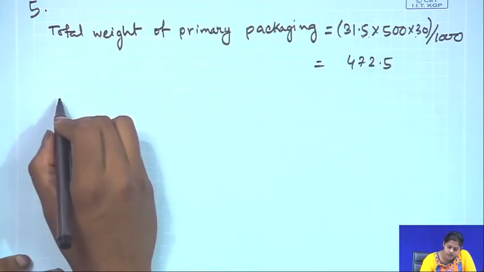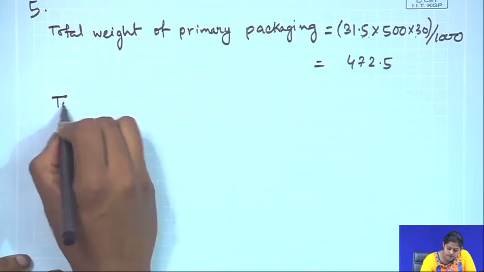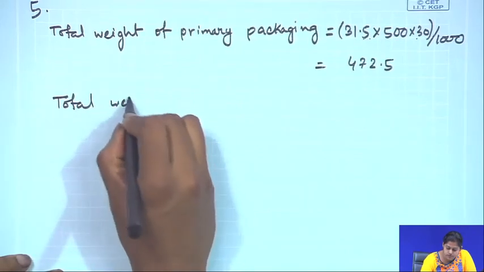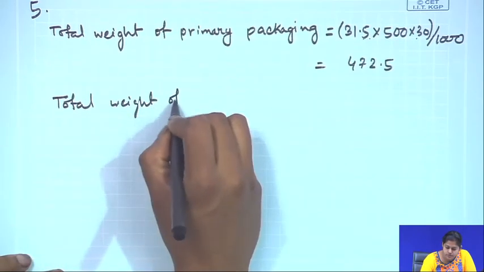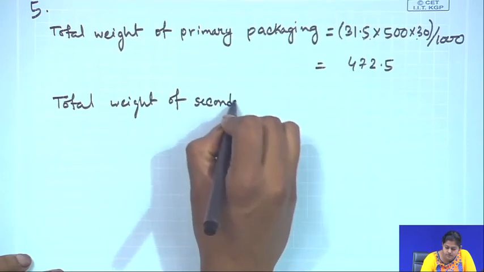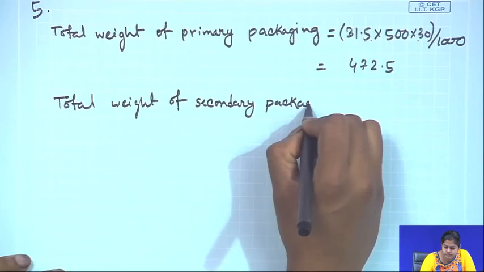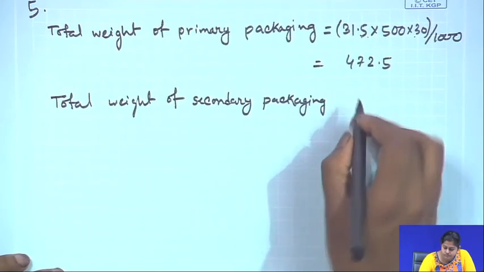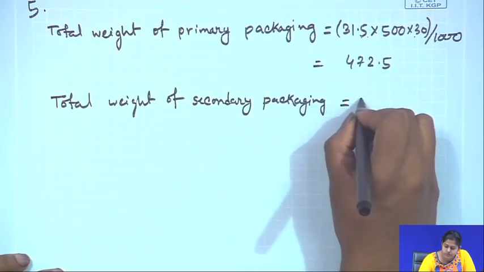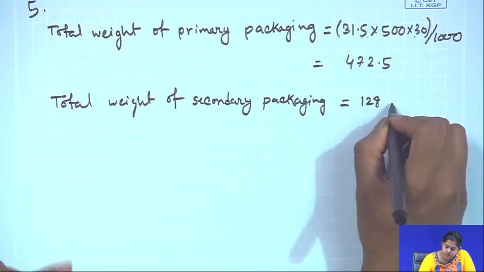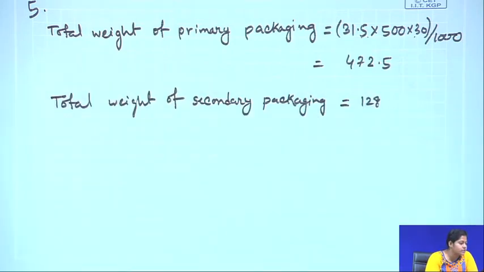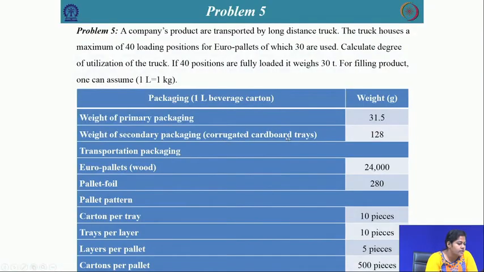Now, we will calculate the total weight coming from secondary packaging. The total weight of secondary packaging will be 128 gram of weight for each secondary packaging, and we need to consider how many trays are required. In the question it says that corrugated cardboard trays are the secondary packaging.